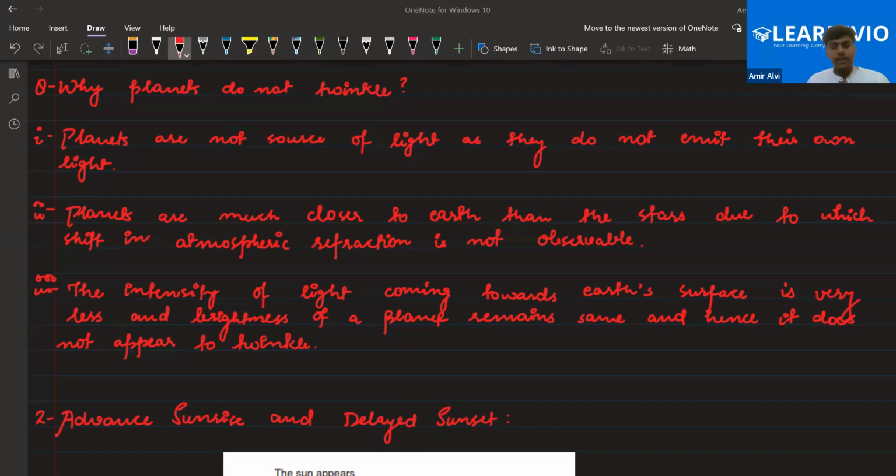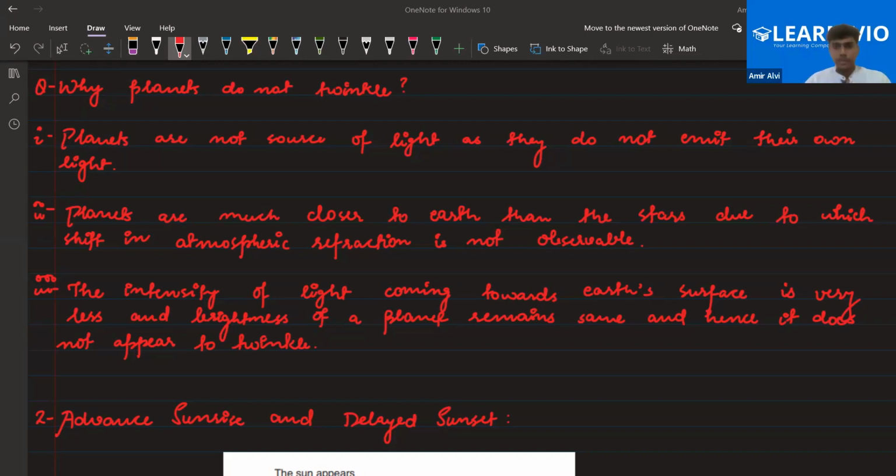Just a second, let's check it. No, Aisha, that is not the refractometer used for atmospheric refraction. A refractometer is used for gases and liquids, basically to find the concentration.